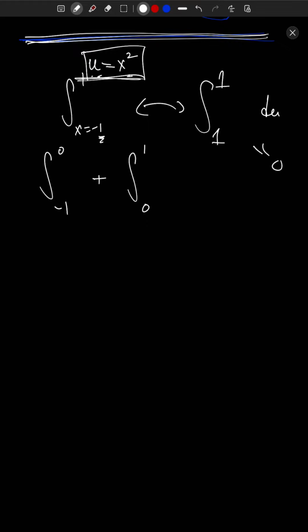If your mapping is not one-to-one, if you have multiple points corresponding to the same point on either side, ultimately your integral is not going to be accurate. It's not going to be what it should be. So these mappings ideally should always be one-to-one. One thing on the left corresponds to exactly one thing on the right.